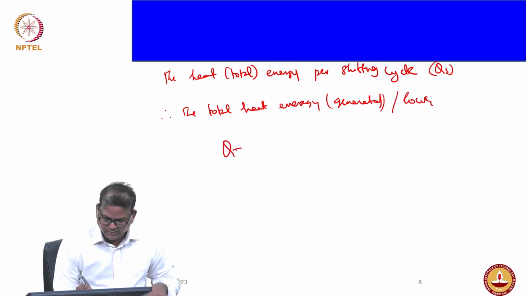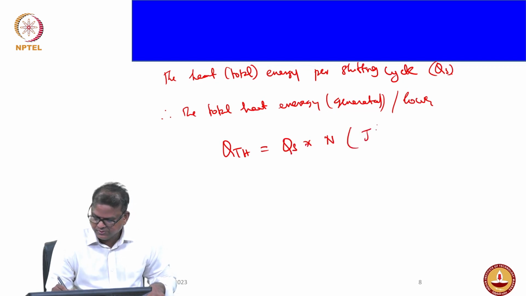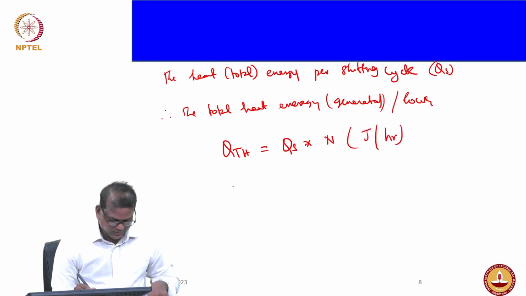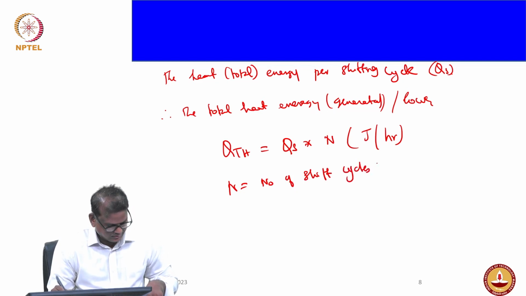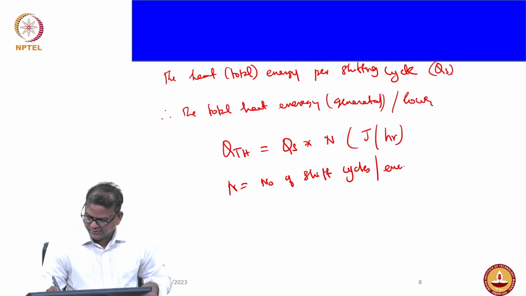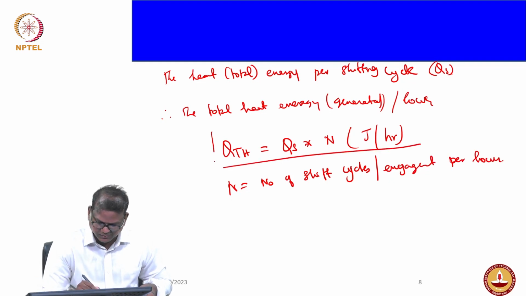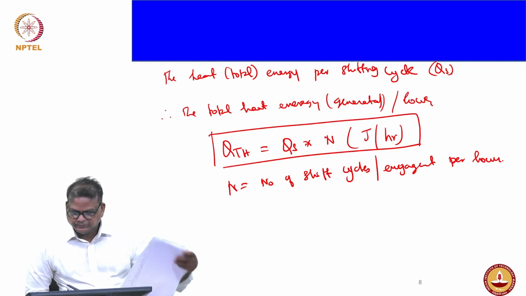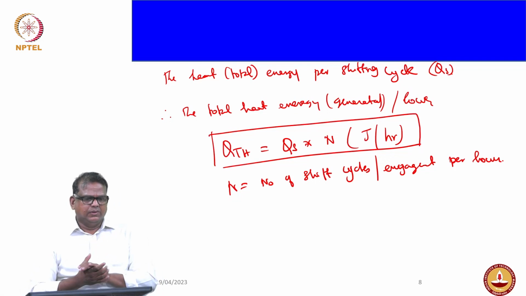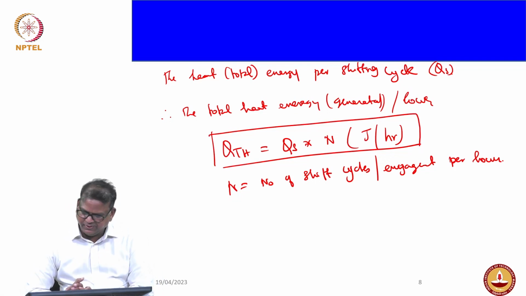TH equals QS into the number of cycles, so much joule per hour, where N is the number of shift cycles or engagements per hour. Both are the same. So this is your thermal equation, QS, how much is going to be generated. Just physics, nothing else. It's a simple equation, right?